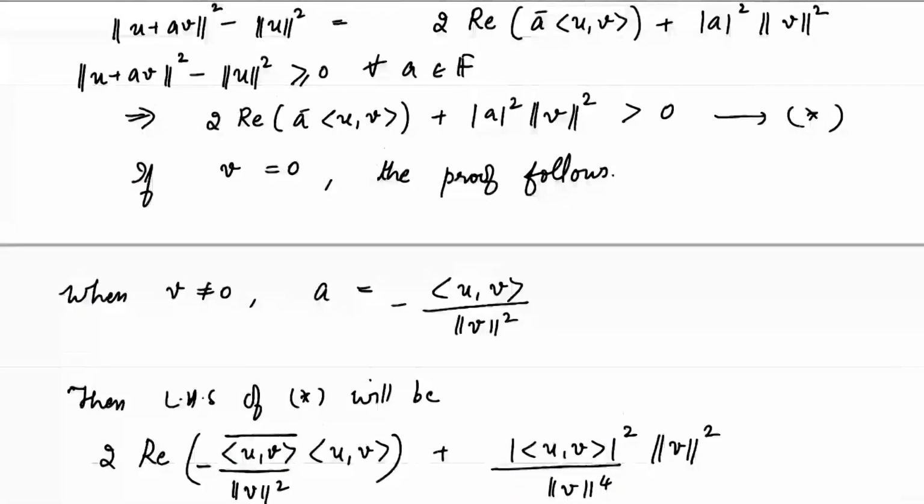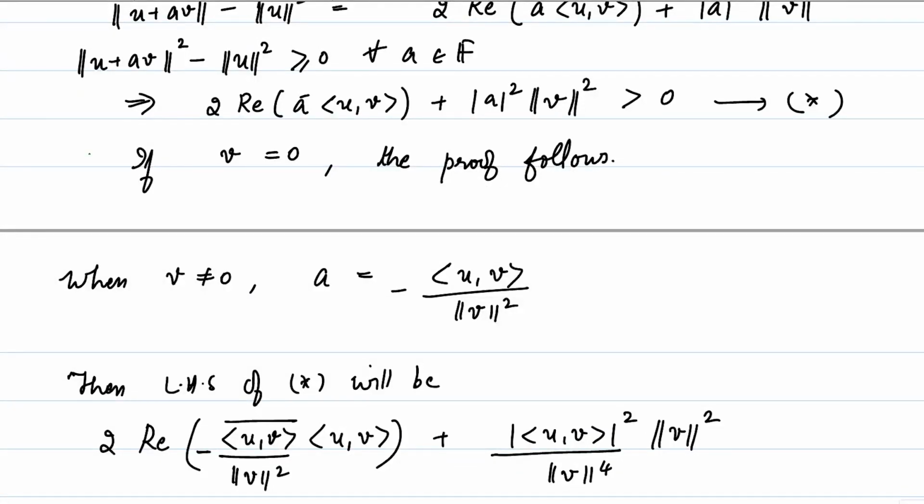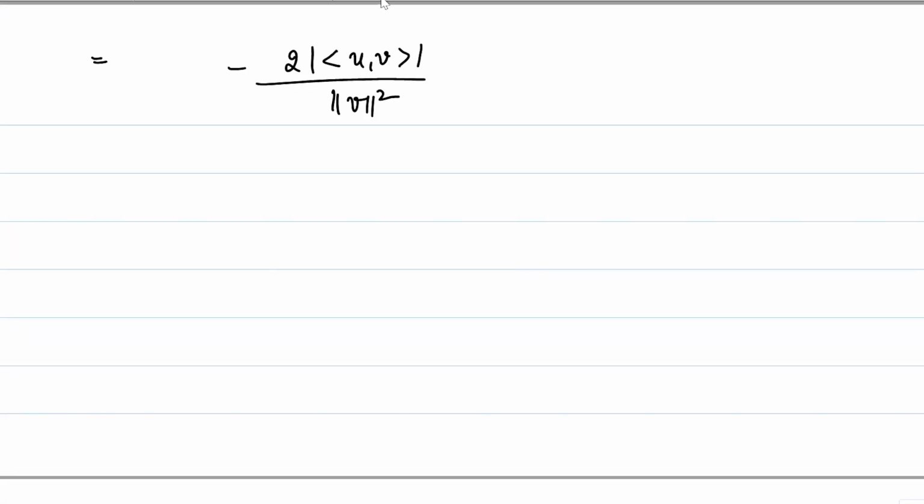Just go back to star. Star here tells us that quantity should be necessarily greater than or equal to 0, right? By star, minus of 2 times the absolute value of u comma v by the length of v square should be greater than or equal to 0.